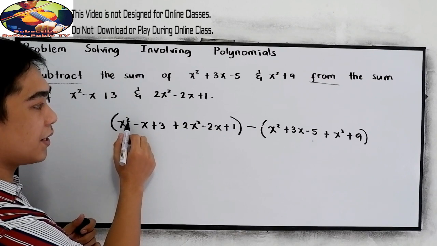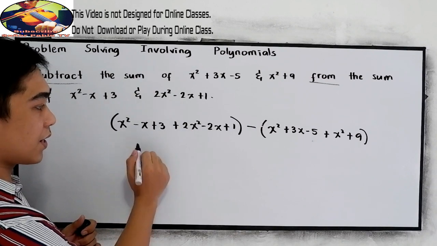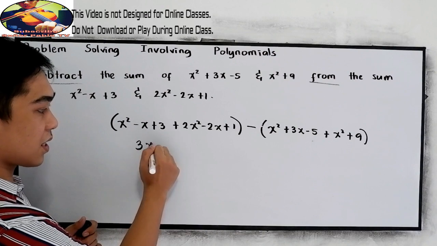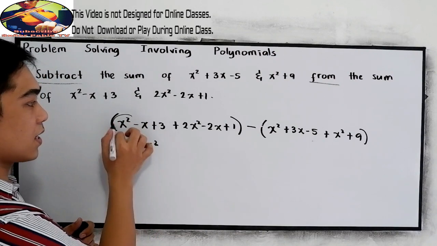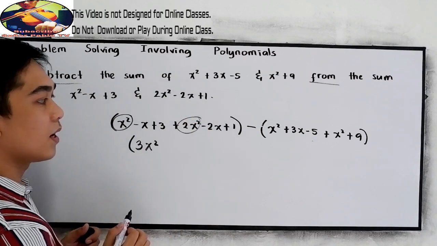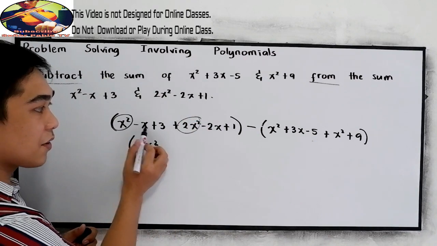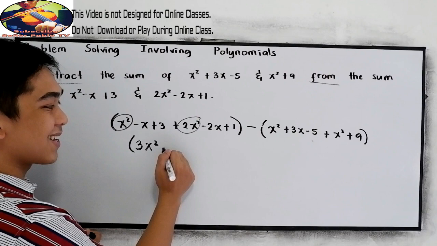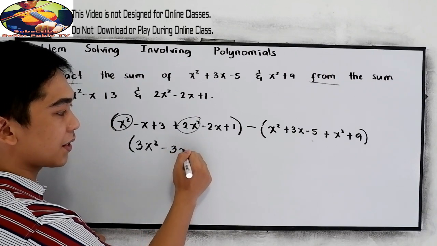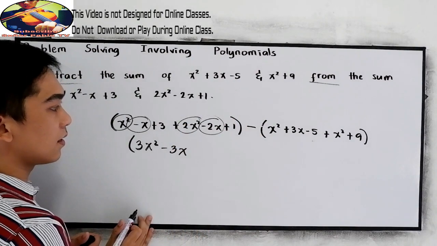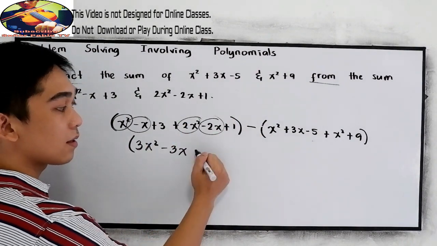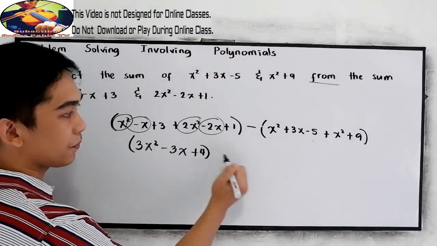So x squared plus 2x squared, that will give us 3x squared. We're done at x squared. Next, negative x minus 2x, that is negative 3x. Done. Then 3 plus 1, that is positive 4.